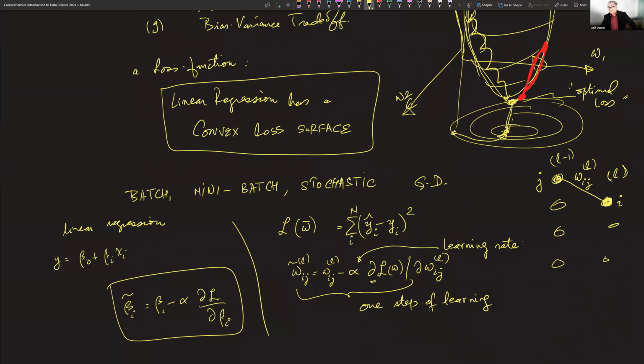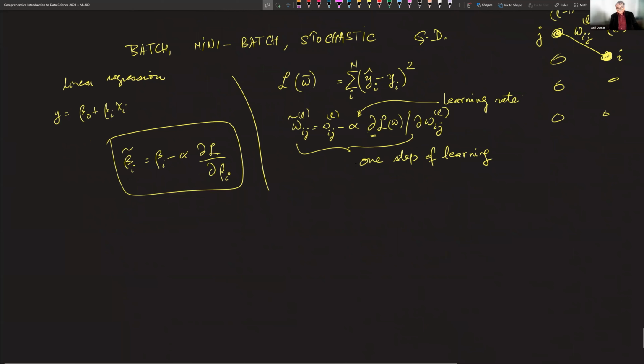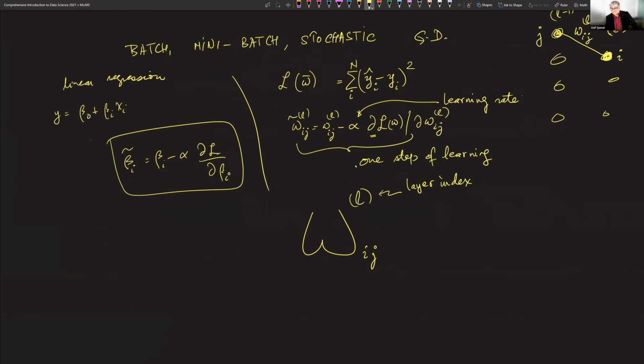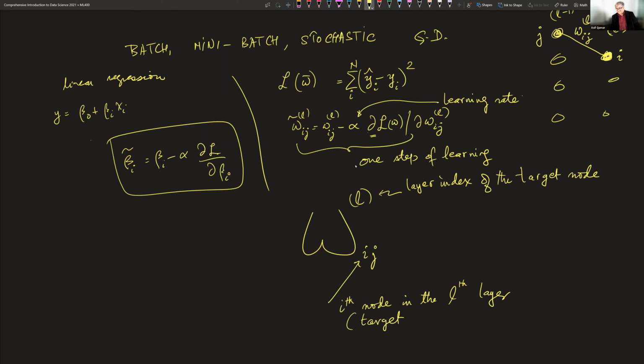The layer that you refer to, L, refers to the target layer. So let me mention this in big notation here. Wij of layer L stands for this: i is the ith node in the Lth layer, the target of the edge.